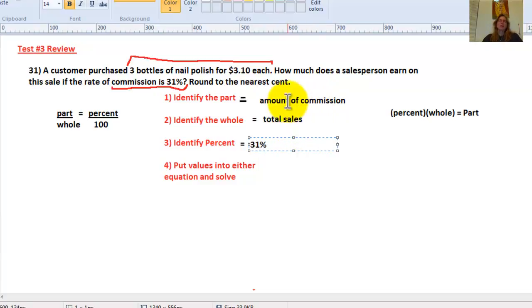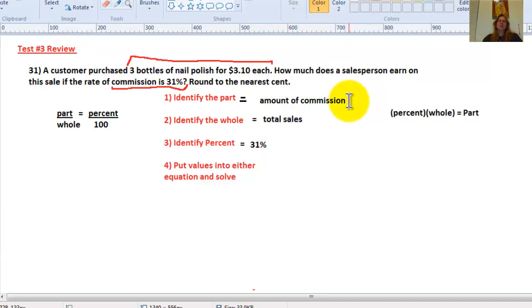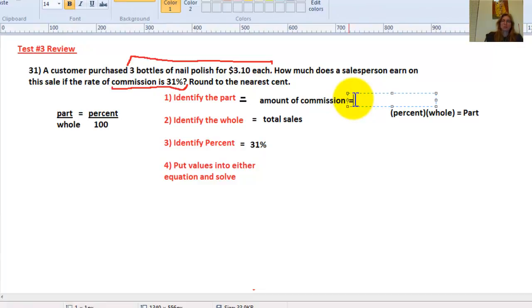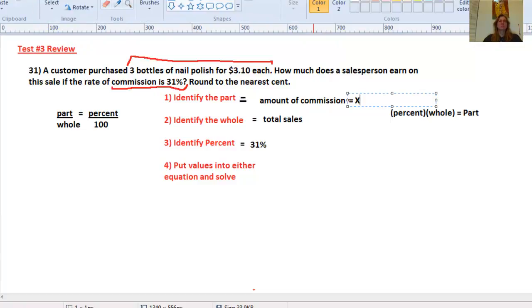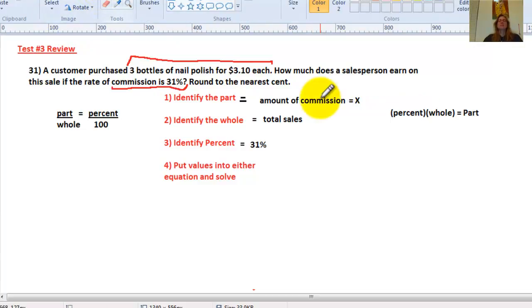So the amount of commission, I mentioned, we don't have. They're asking how much does a salesperson earn, and that is asking for the amount of commission. What was their portion of it? Because when you sell a product, the price of the product has to also cover the person that the store bought it from, or the distributor.